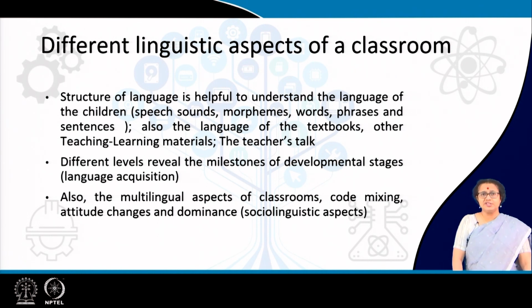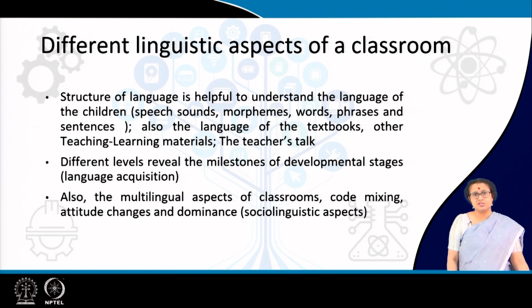So, what do we mean by dominance? In sociolinguistics, we discussed dominance of certain languages. So, we can consider them as a part of sociolinguistic features as well. So, when we talk about a classroom, we talk about these three together. We talk about the structure, the acquisition factors and sociolinguistic factors. Without considering these three, we cannot talk about a classroom.